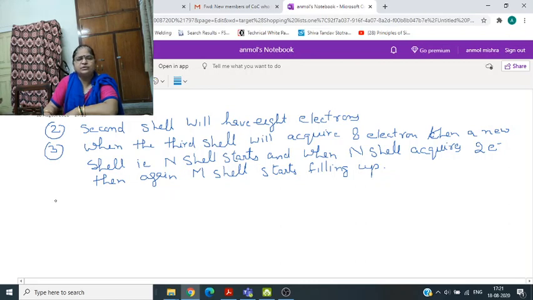Now atomic number 1, hydrogen. Now it has only 1 electron, so first shell, that is K shell, it will have 1 electron. Second is helium.